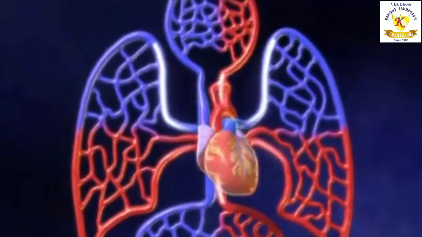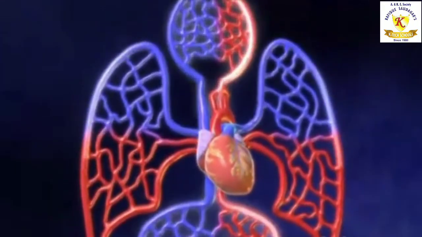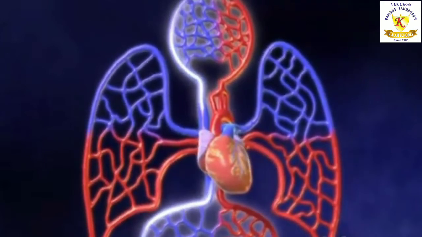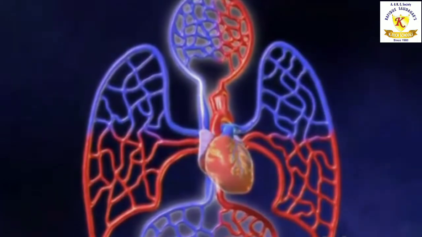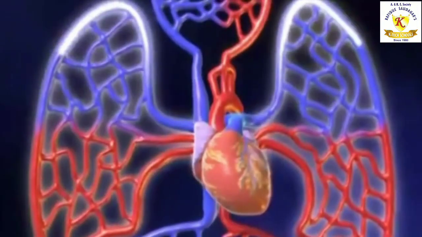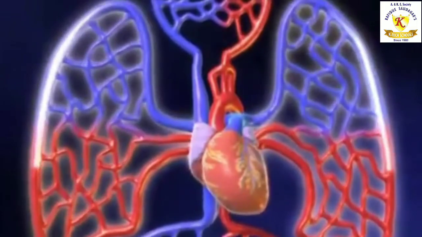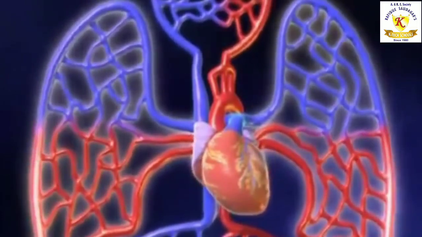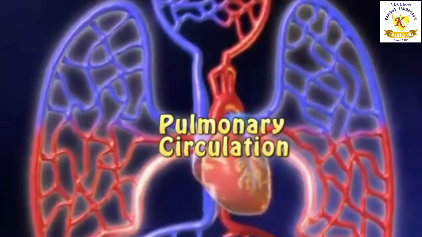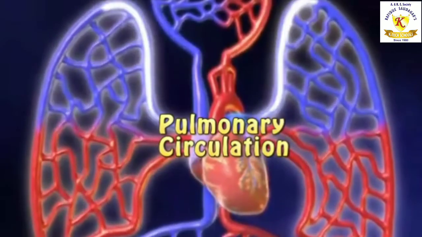The circulatory system is called a double circulatory system because the upper circulation, where the blood is transferred from the heart to the lungs and from the lungs back to the heart, is called pulmonary circulation.